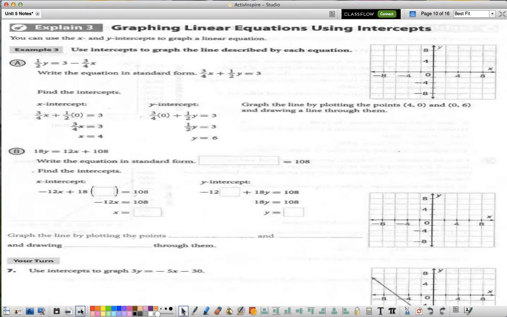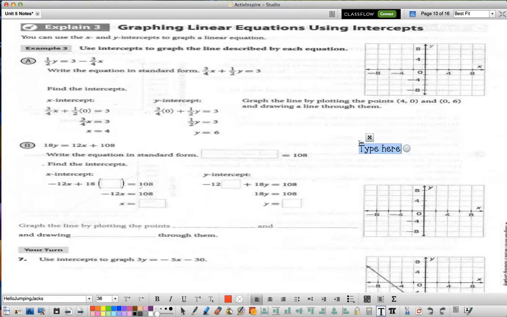All right, and graphing linear equations using the intercepts. So this part, as long as you can plug in your zeros and find your numbers, is super easy. So I'm going to skip A, it's just an example for you, and we're going to do B. We're going to write the equation in standard form. So we have 18y equals 12x plus 108. If I subtract 12x from both sides, I would get 18y minus 12x.